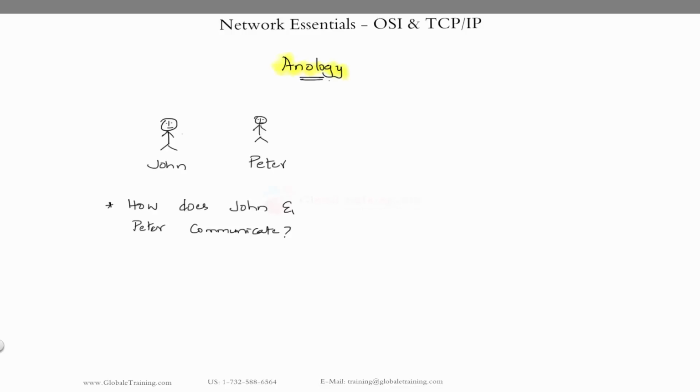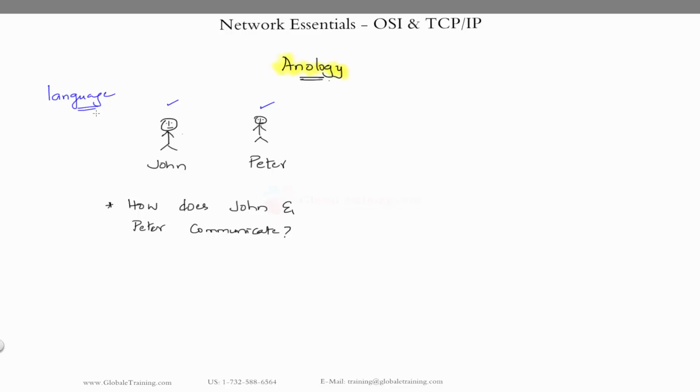So before we jump into the actual topic of the video, let me start with an analogy. Say, for example, you have two people, John and Peter. Now, if John and Peter want to communicate, what do we need? I mean, we are human beings. We all know that we need some sort of language to communicate.